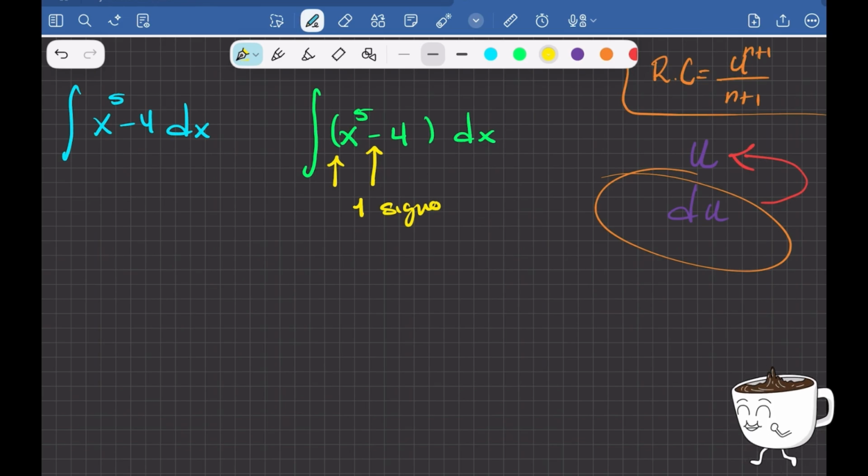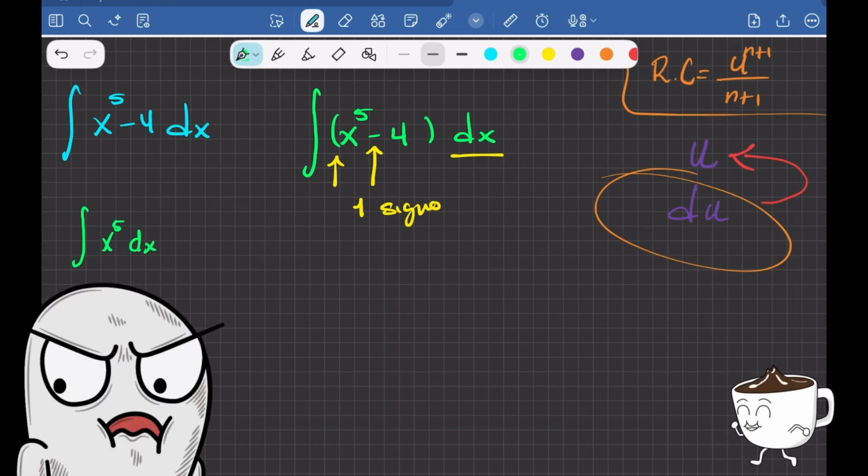That's why I was telling you at the beginning that this dx affects everything that is in the parentheses. Both the x to the 5th and the minus 4 are affected by dx. Each one has its own differential, and each must have its complete differential. We are going to have the first integral, which is x to the 5th dx.